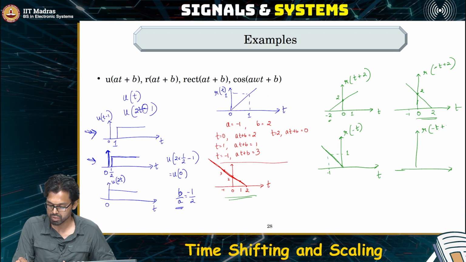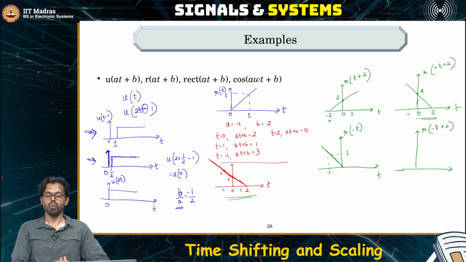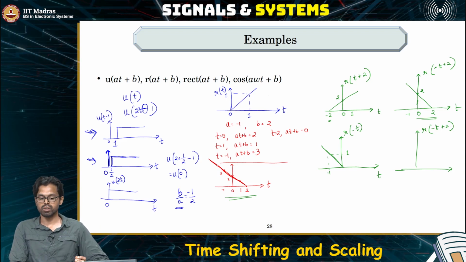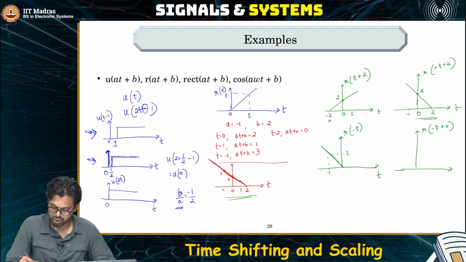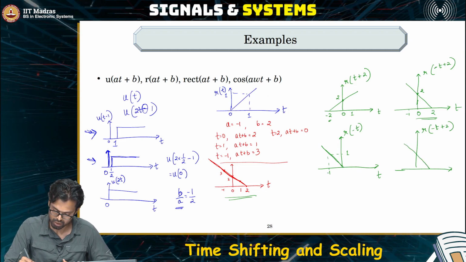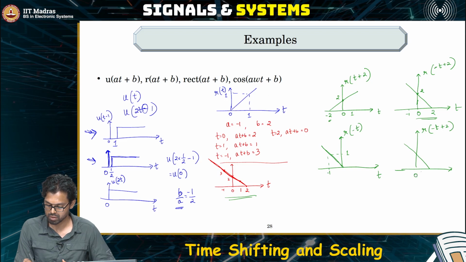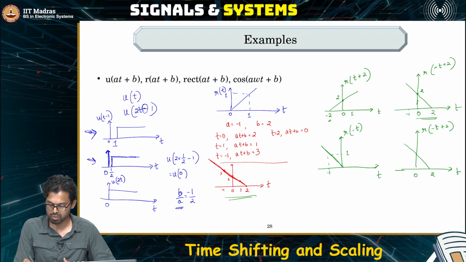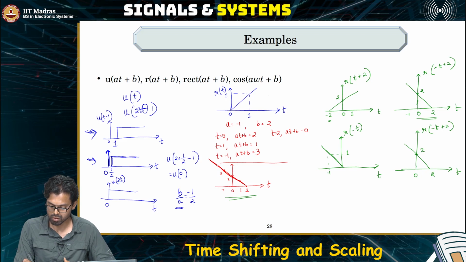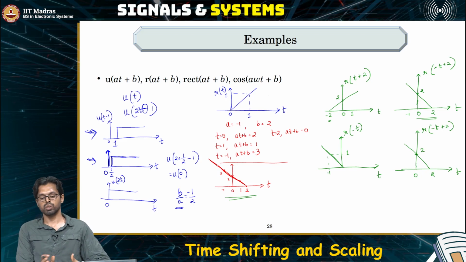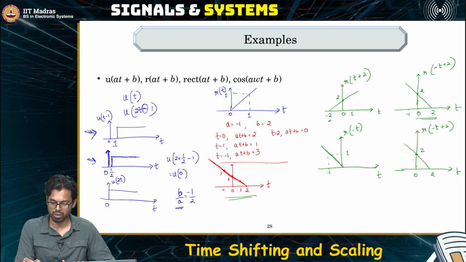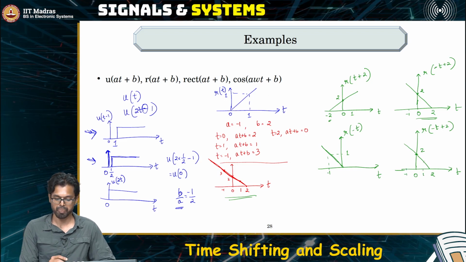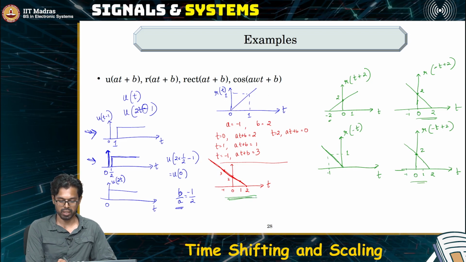If you are shifting by -2, what happens then? Remember, a negative shift means you have to move to the right. So you move this to the right by 2 time steps. That's it. So you get the same signal once again. Once again, this is the same thing as this.